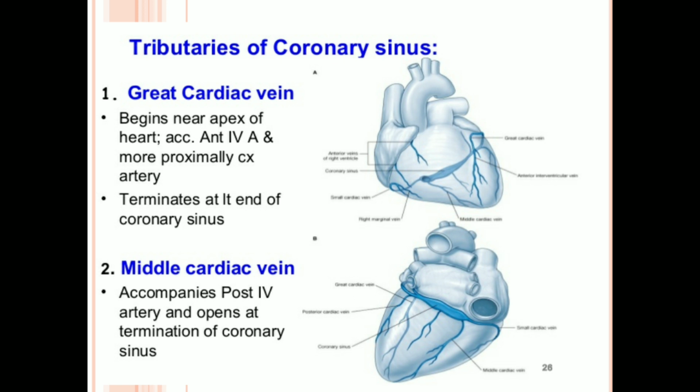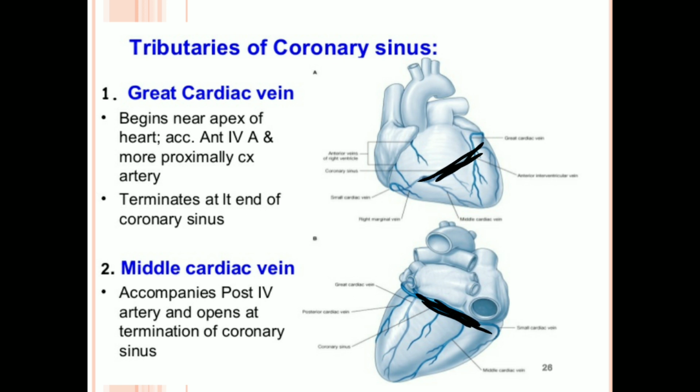For veins we always use the word tributaries. The first one is the coronary sinus. You can see it in the posterior atrioventricular groove.